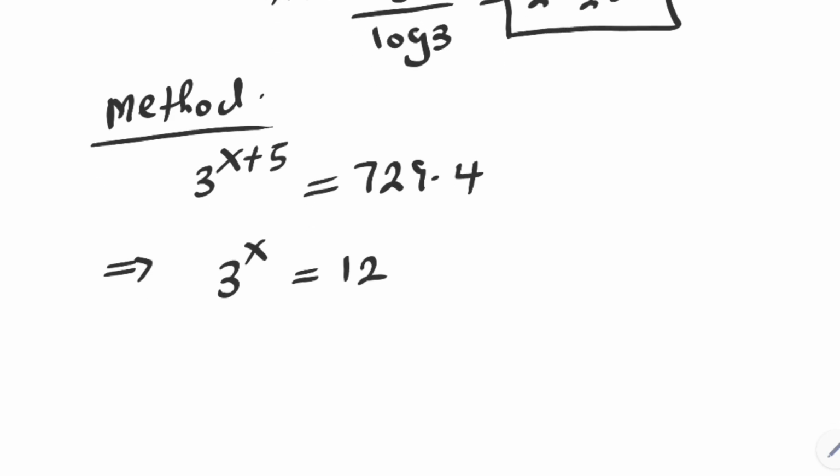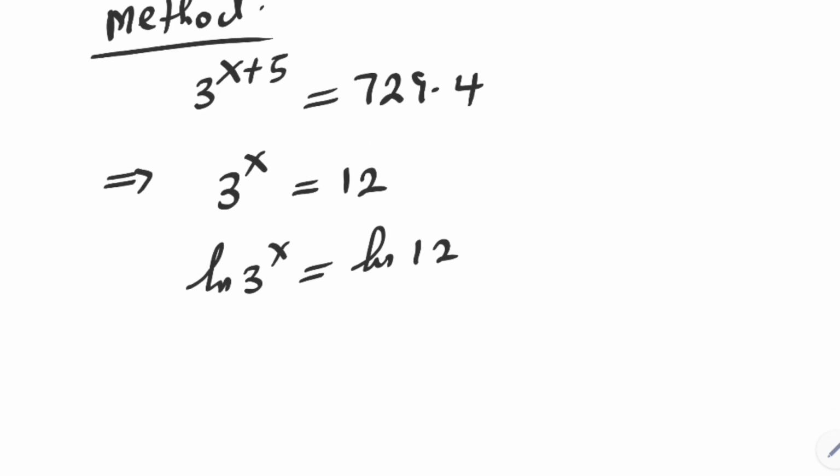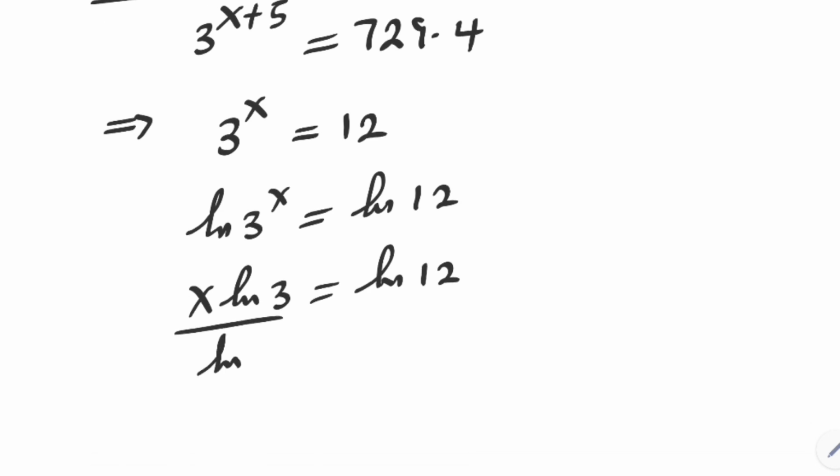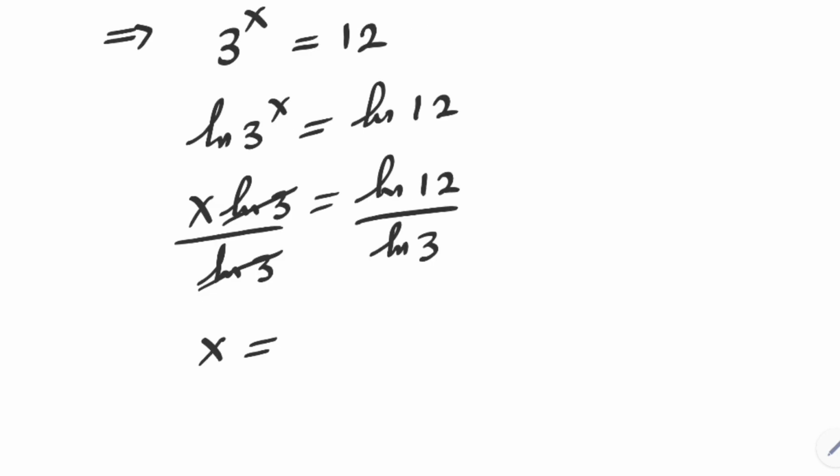Then let us take the natural logarithm on both sides of this equation. ln of 3 raised to power x is equal to ln of 12. Then x ln of 3 is equal to ln of 12. Let's divide both sides by ln of 3. This ln of 3 cancels this ln of 3. Now, x is equal to ln of 12 over ln of 3.